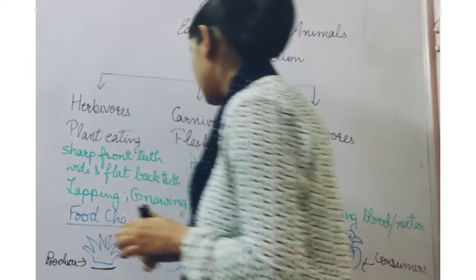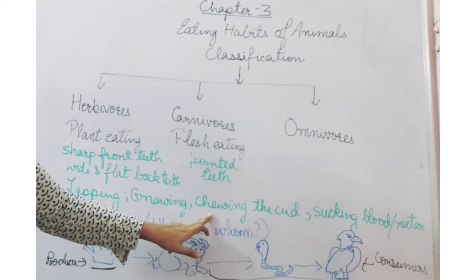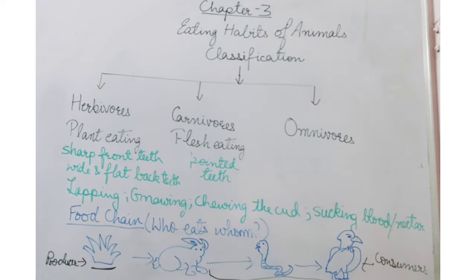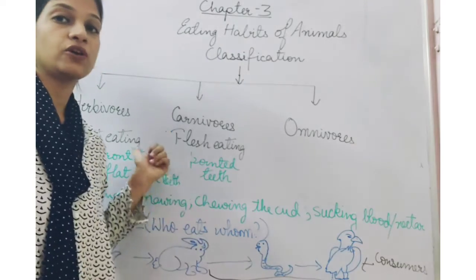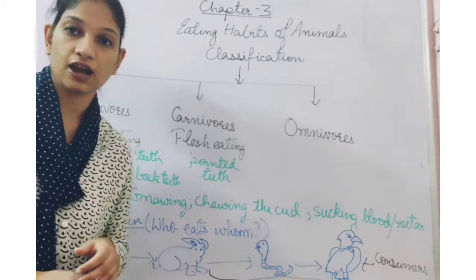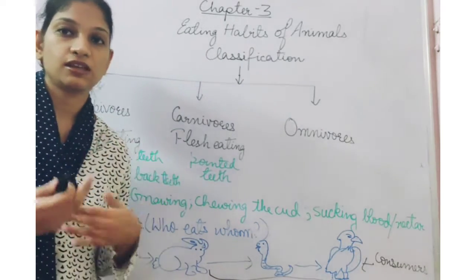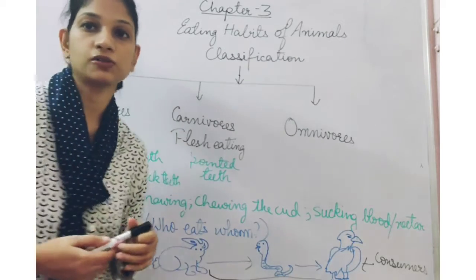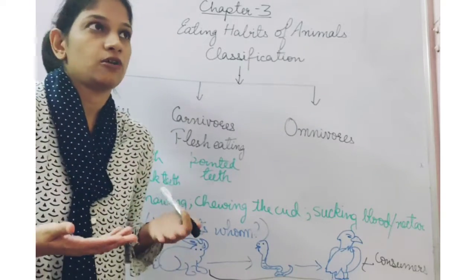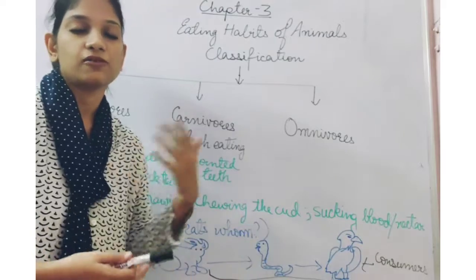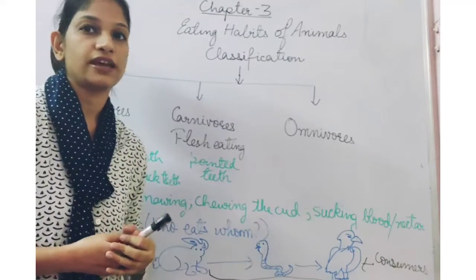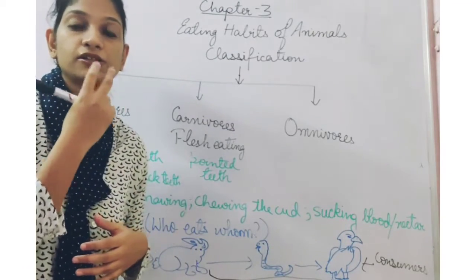Then you have the next term, chewing the cud. Now when we talk about chewing the cud, we go back to the herbivores, that is, cows and buffaloes. You must have seen them around your house on the streets. It is very common in India. Any cow will be sitting there outside and its mouth will be continuously moving.